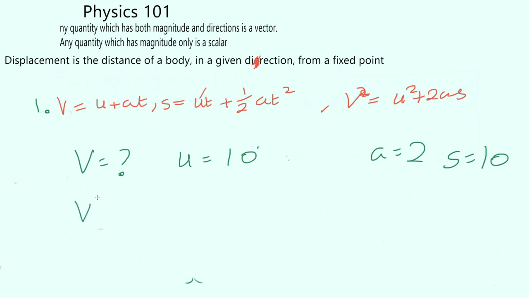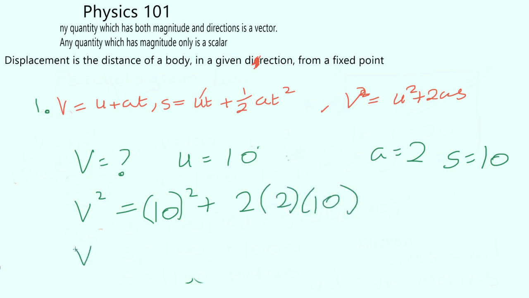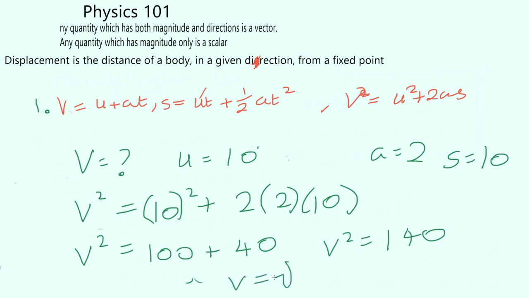So we have our v squared equal to 10 squared plus 2 by 2 by 10. Alright, so v squared, we do the maths on that. 10 squared is 100 plus 4, and then 4 by 10 is 40. So v squared is equal to 140, and then v, we'd square root 140.